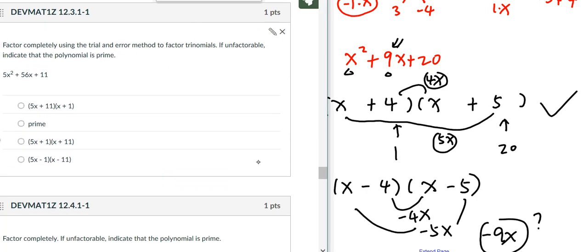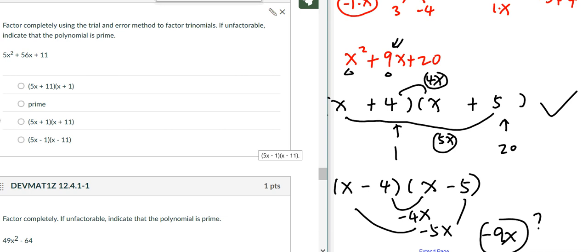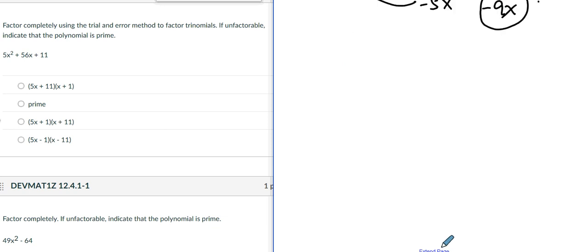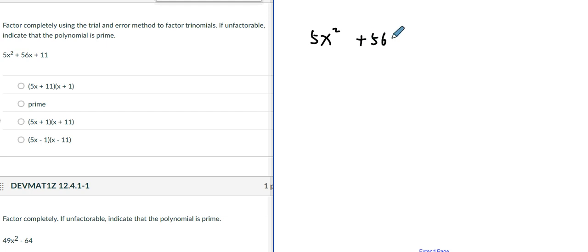Similarly, but not exactly, here is 18. Let's do question 18. 18 is a little bit more work. So you see you have 5x squared plus 56x plus 11.